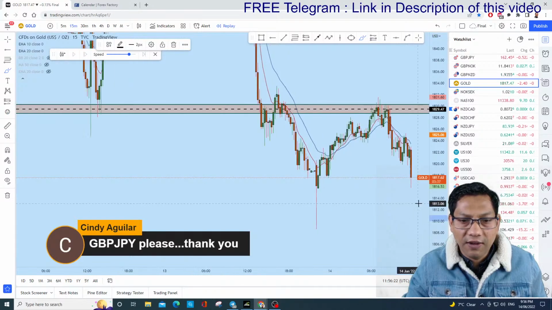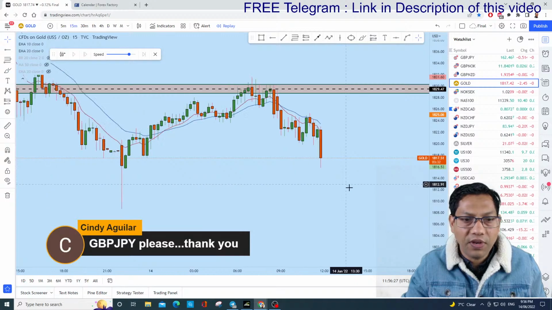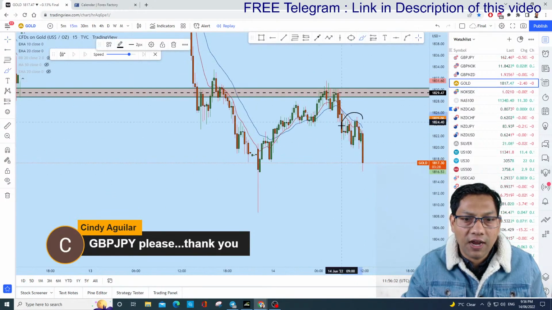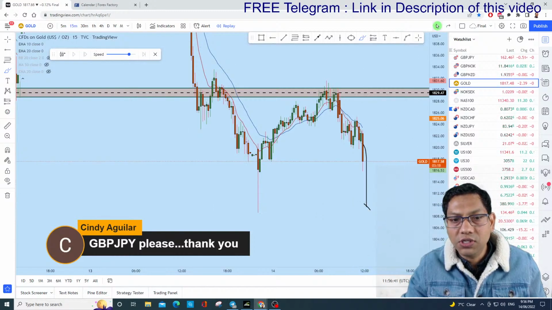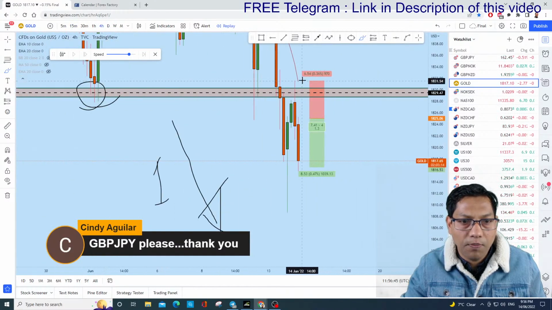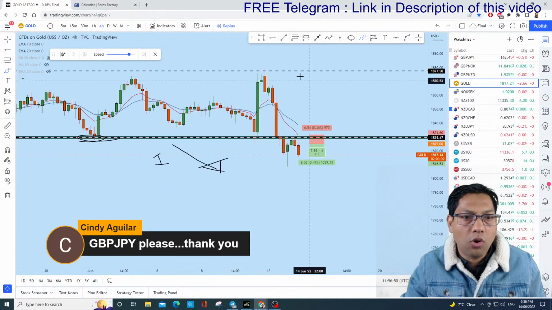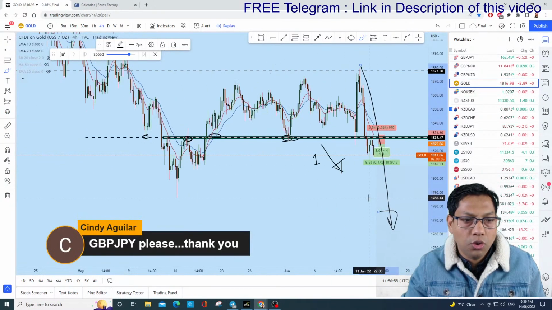This is the 15 minutes time frame on gold. The price really created a bearish candle. As you can see, on the 15 minutes, gold has created a kind of head and shoulder here, and then broke down. I think it will continue to drop further, because after this kind of bearish engulfer from this resistance on the 4 hour, and because gold already has a big move, it should continue to drop.